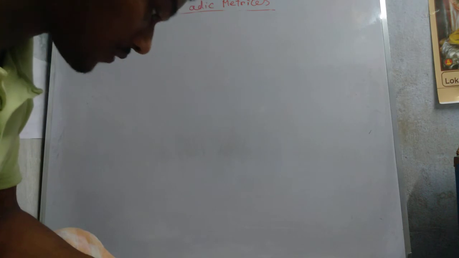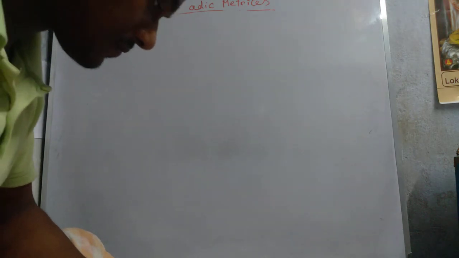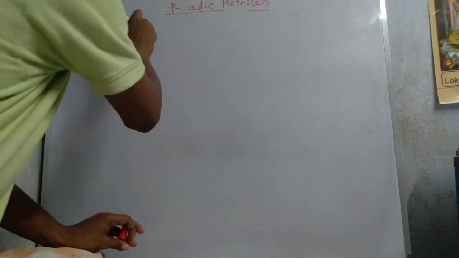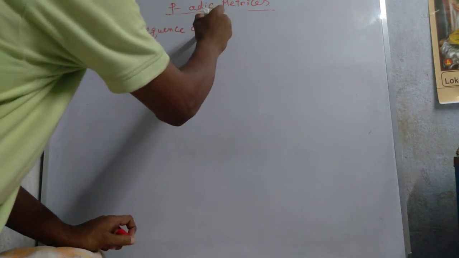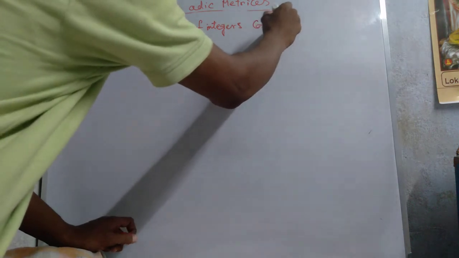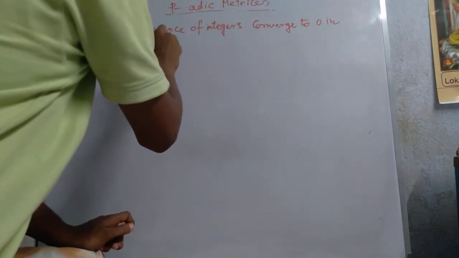Now what does it mean to say that a sequence of integers converges to 0 in Q with the p-adic metric? That means a sequence of integers converges to 0 in the p-adic metric.